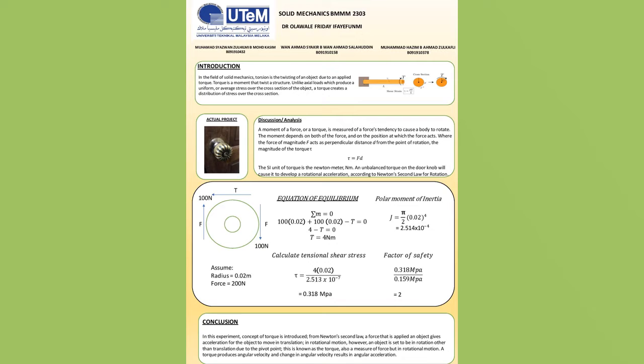So, this is our group formal poster for the project Torsional Loading Evaluation of Doorknob in A3 size. As we can see, in our poster, we have provided some content such as introduction, actual project, discussion or analysis, FBD with all the forces, EOE, and close with some conclusion.